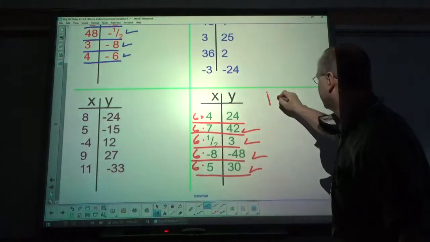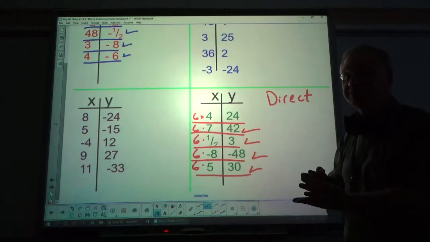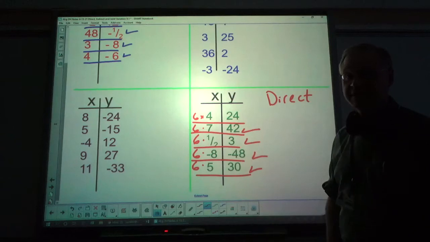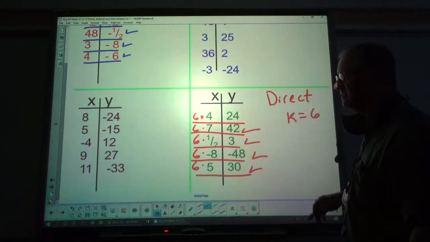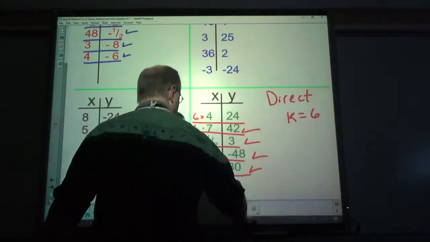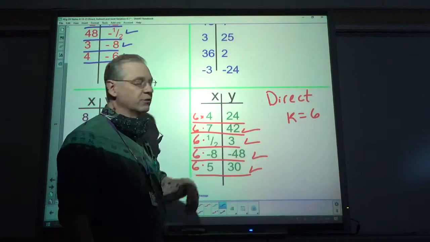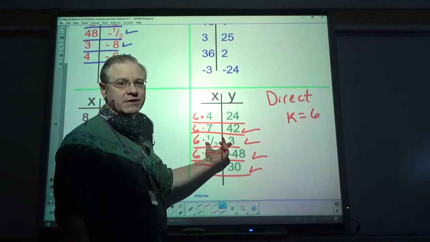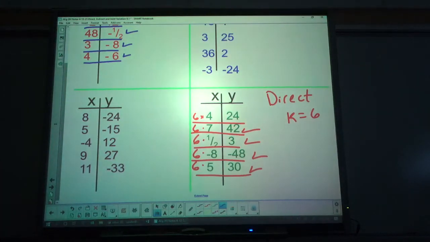So this is direct, because k times x equals y, and it's the same k all the way down. So k is 6 in this situation. I could have tried 4 times 24. Does that equal 7 times 42? Obviously not, and certainly not half of 3. So that was obvious.